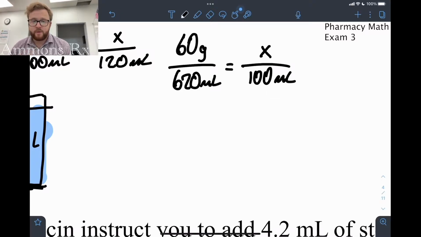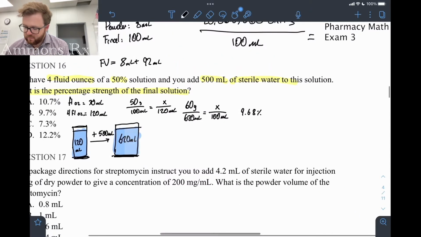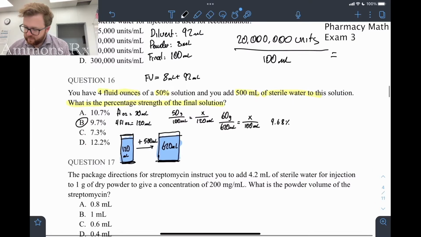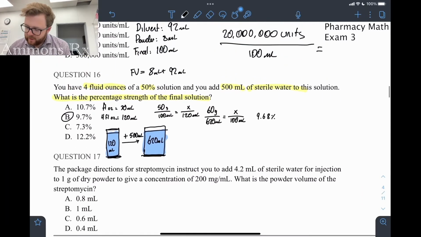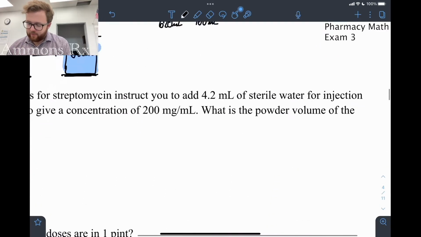When you're trying to find percent, you do x over 100. So you do 60 times 100 divided by 620. 9.68%, we'll call it 9.7. Okay. So just remember on that one, this term right here, 2, that's an important word.